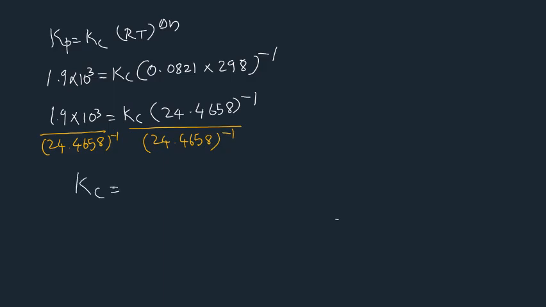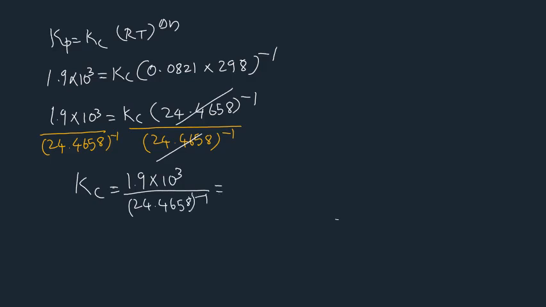Then we can cancel the denominator from the right side and the numerator, and then I will have Kc equal to 1.9 times 10 to the power 3 divided by 24.4658 to the power -1.